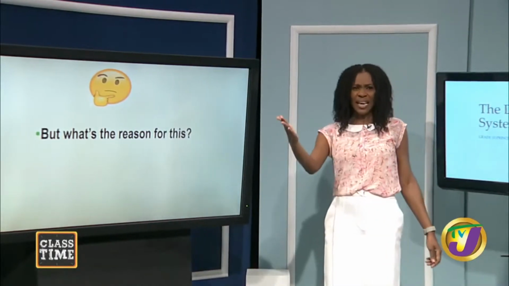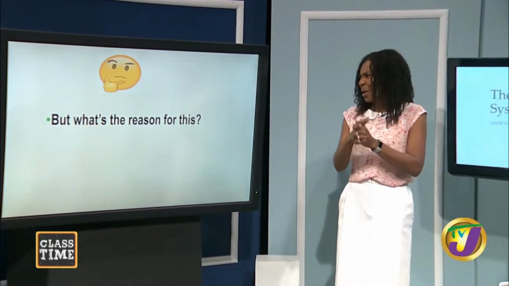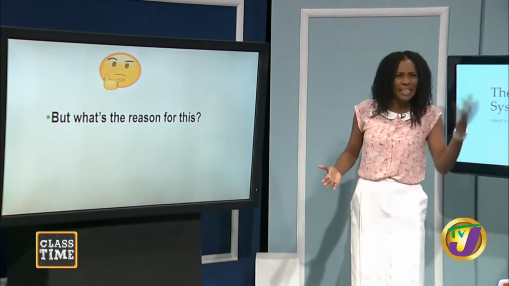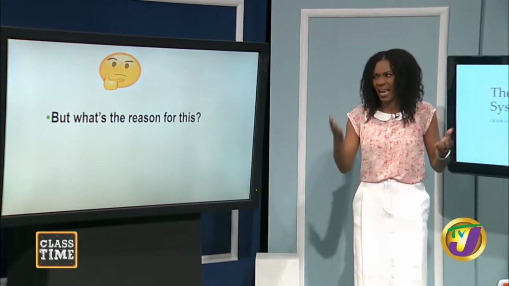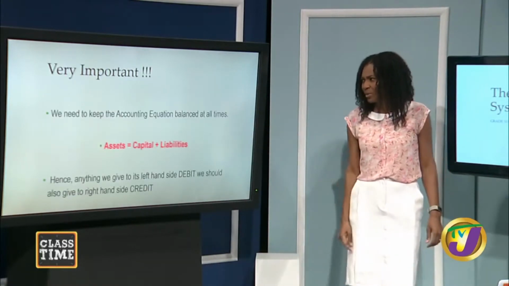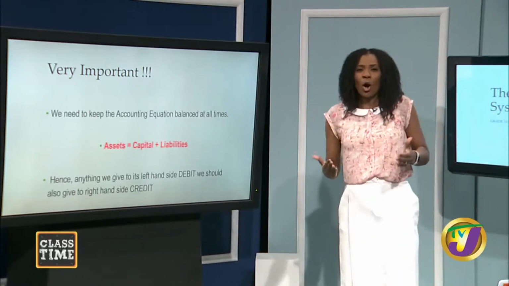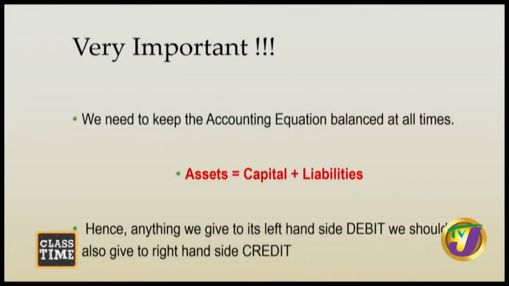For every debit entry, there's a corresponding credit entry. But what's the reason for having a debit entry as well as a credit entry? Very important. In accounts, we have what is known as the accounting equation. That is the foundation for principles of accounting, students.